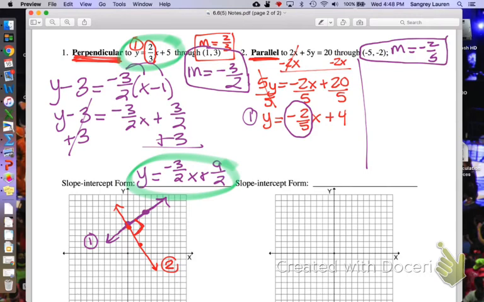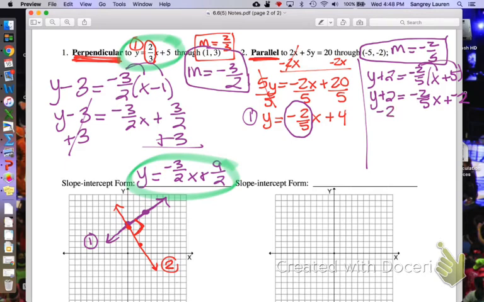So now we can go into point slope form. So we have y plus 2 equals negative 2 over 5, x plus 5. Now we distribute. We have y plus 2 equals negative 2 over 5x plus negative 2.